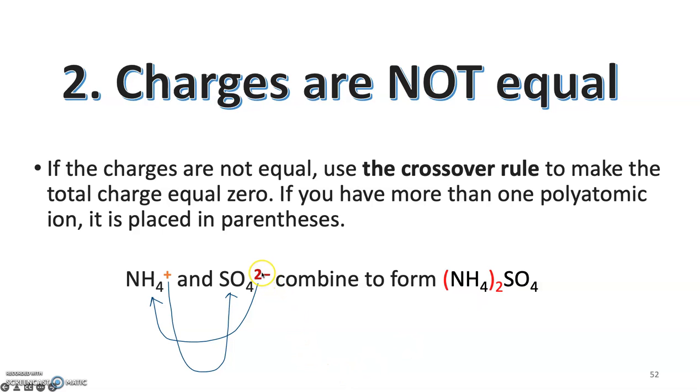Then you use the crossover rule to determine the subscript. SO4 has a 2 minus charge, so it becomes the subscript on ammonium, and the +1 charge on ammonium becomes the subscript on SO4 sulfate. Because +1 means 1, you can omit it on sulfate.